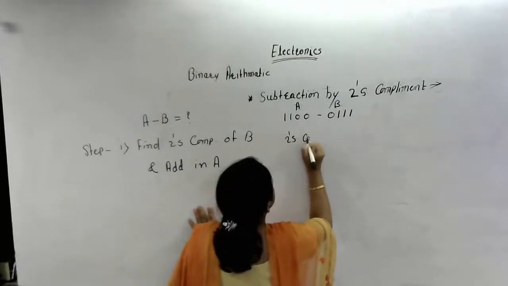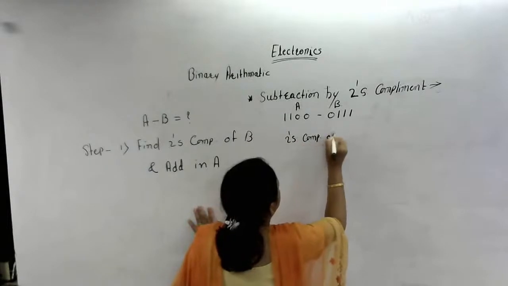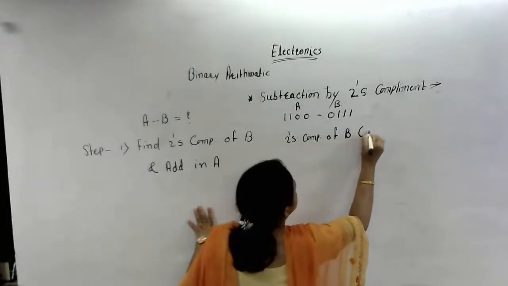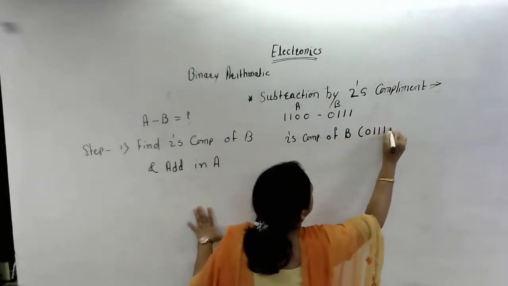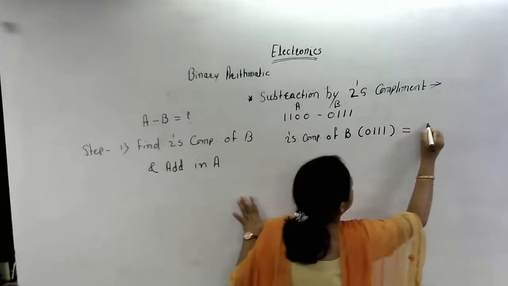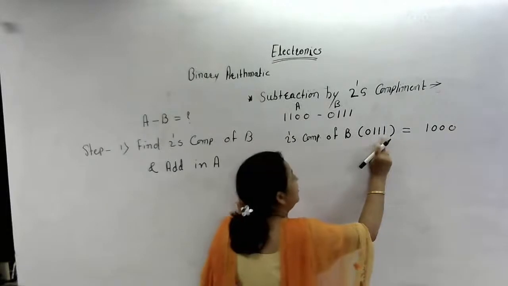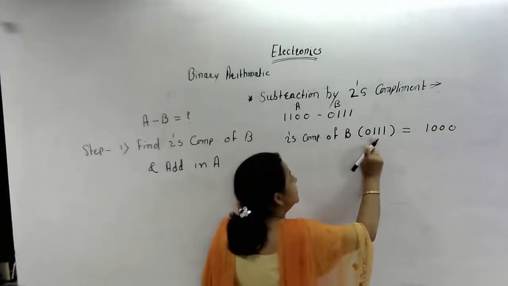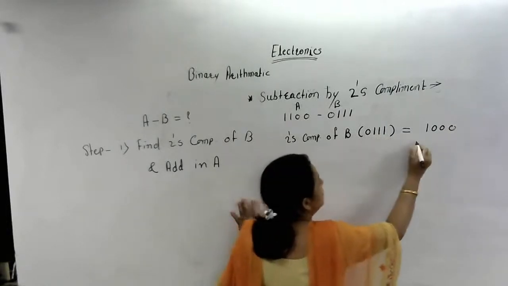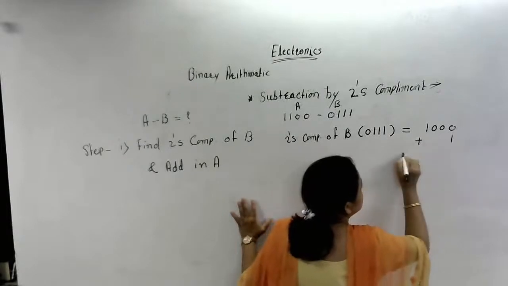The 2's complement of B, that is 0 1 1 1: its 1's complement is 1 0 0 0, plus 1.